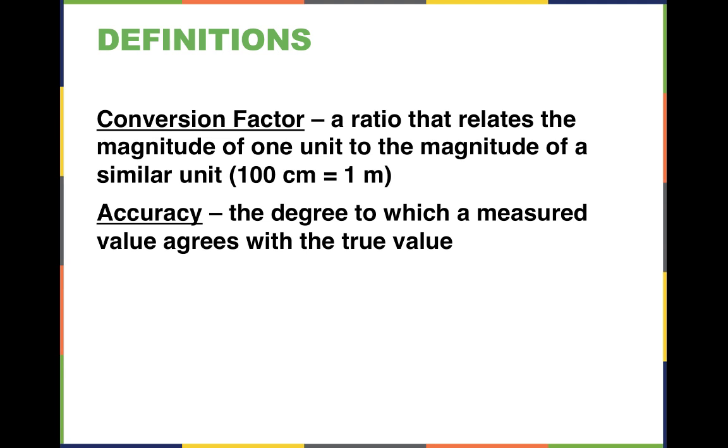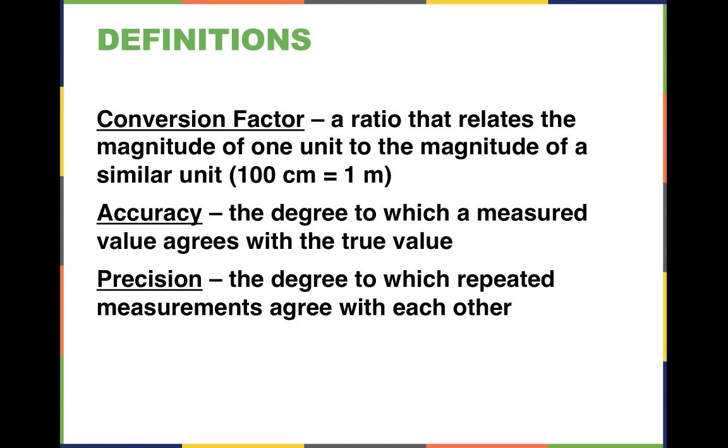Accuracy is the degree to which your scale, your measuring device, agrees with that true value. On the other hand, precision is the degree to which repeated measurements agree with each other. Notice it doesn't have anything to do with the true value.